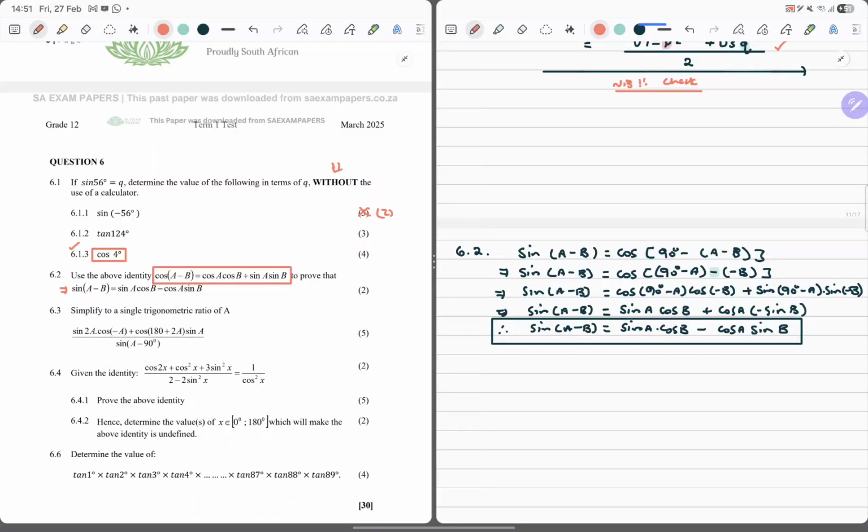Compound angle, whatever. Right, so folks, this situation is usually good to use cofunctions, but I feel like there's so many marks to consider here. Even this expansion would be enough to give a mark, and the use of cofunctions, so this should be 4 marks, to be honest.